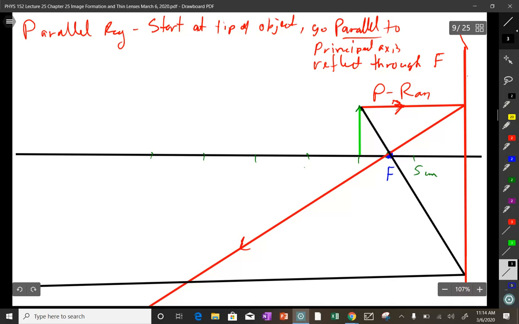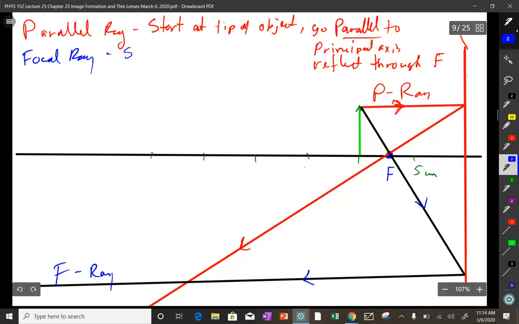If you think about this in reverse, so I'm going to put arrows on this. The arrows are going like this, but if you reverse the direction, you'd be coming in parallel and then reflecting back through the focal point. So we call that the focal ray, or F ray for short.